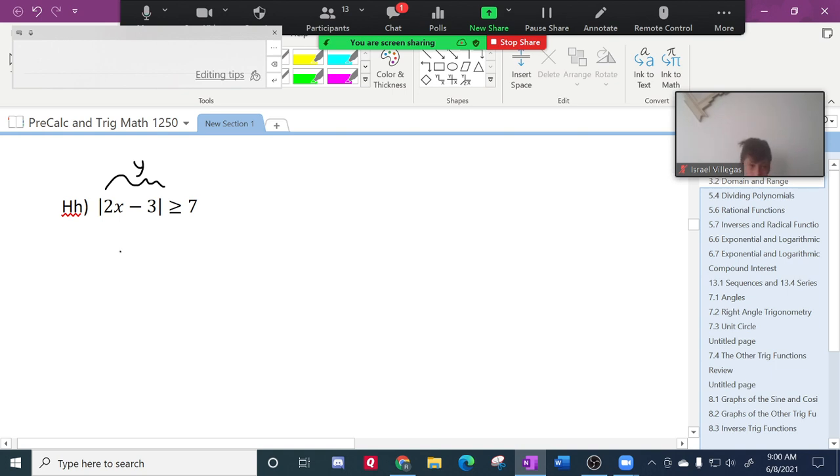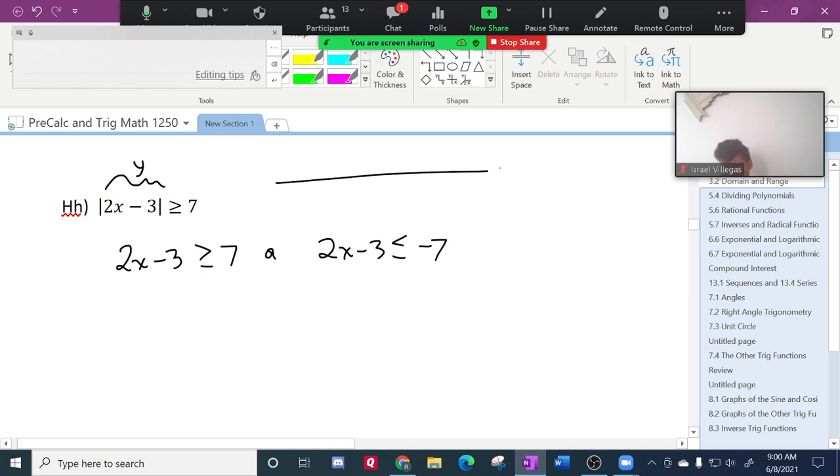So that's what I'm going to do here. 2x minus 3 is to the right of 7, or 2x minus 3 is to the left of negative 7. Because if it was y, it would clearly be way over here, or way over here. And we're doing the same principle here.